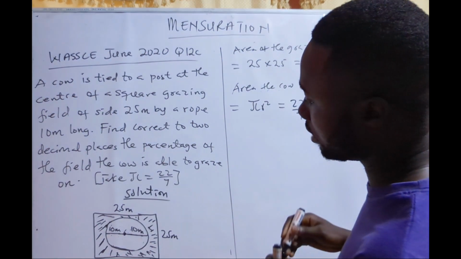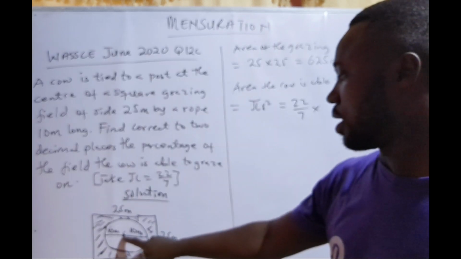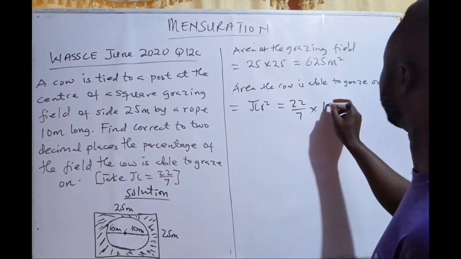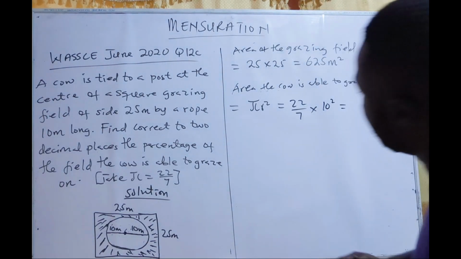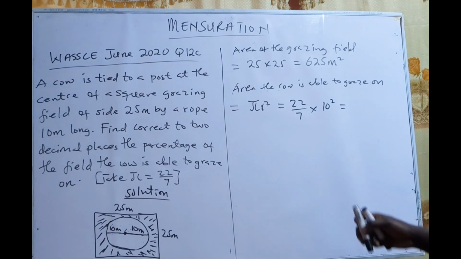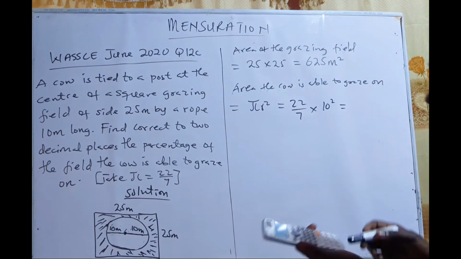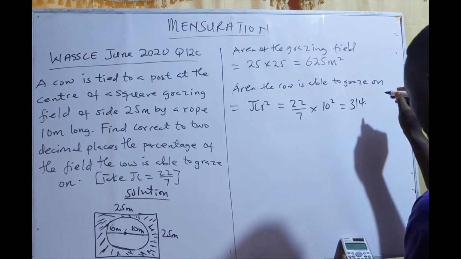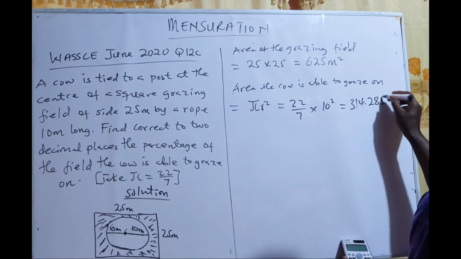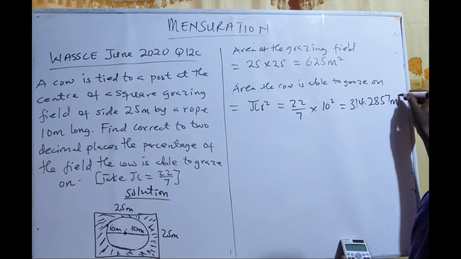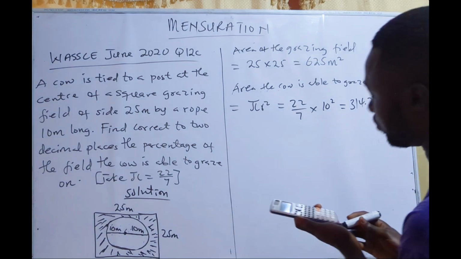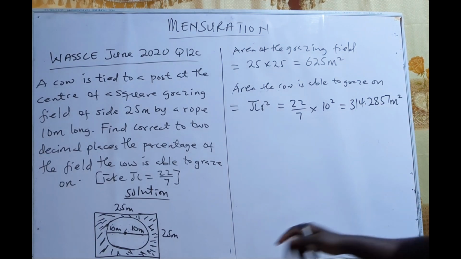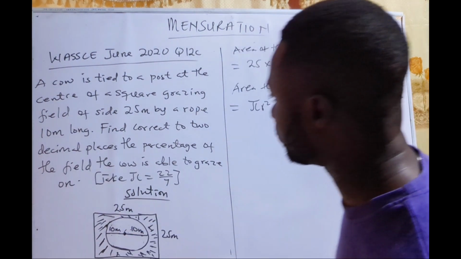What is our radius? The radius is 10 meters. So 22 over 7 times 10 squared will give us 314.2857 meters square. This is the area the cow is able to graze on, the circular space there.